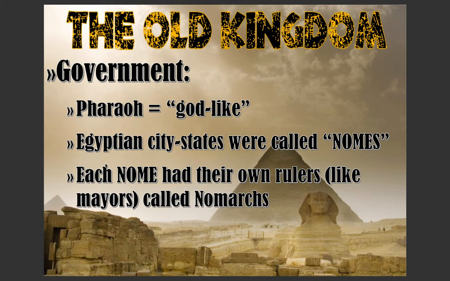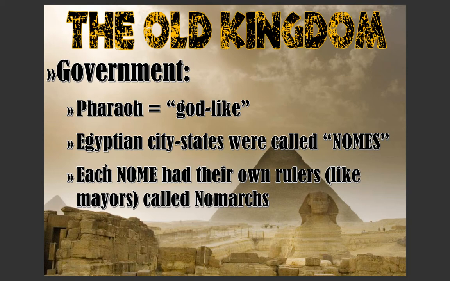He lived these lavish lifestyles in these crazy rich temples with gold and marble and extravagant features. But the pharaohs of the Old Kingdom were pretty lazy. So instead of wanting to rule, they'd rather just stay in their temples and do their own thing and enjoy their lifestyle. So what they did is they hired people to run their different city-states.